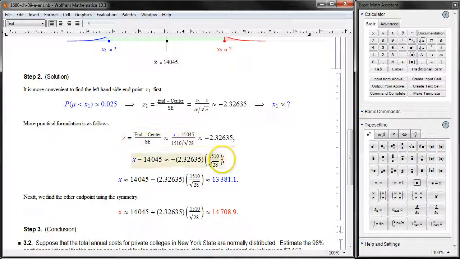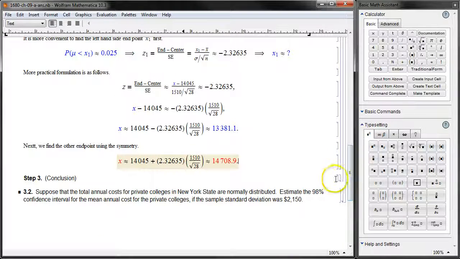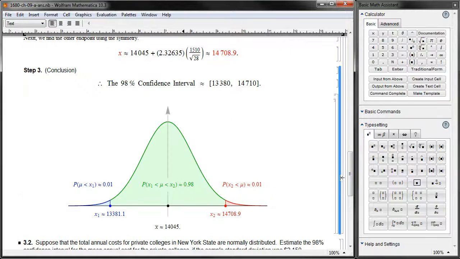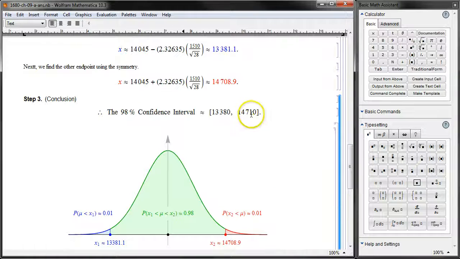Flipping the denominator and then flipping the mean, we have approximate value 13,381, about $13,380. And using the symmetry, flip this negative to positive, $14,708, or $14,710, approximately speaking. And here's the conclusion.